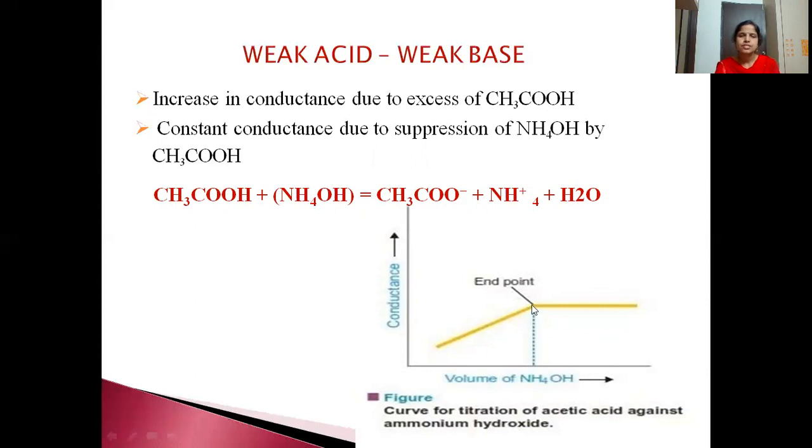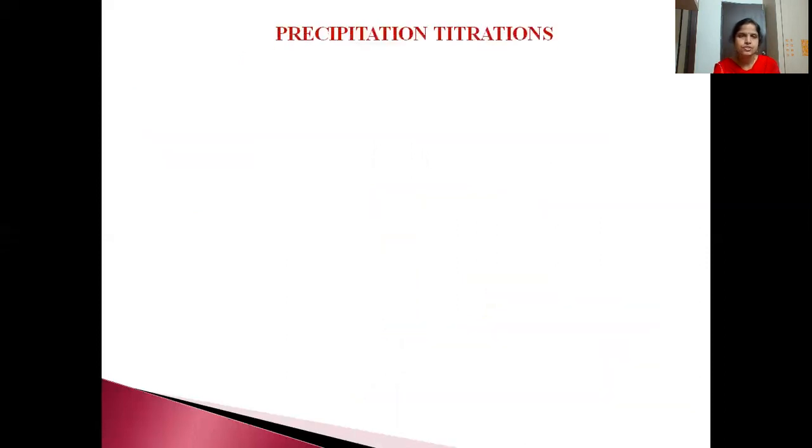The end point is where the two lines meet, and the perpendicular drawn onto the x-axis gives the volume of ammonium hydroxide required for the neutralization of this weak acid, that is acetic acid. So these are the four different types of acid-base titrations and their conductometric curves.